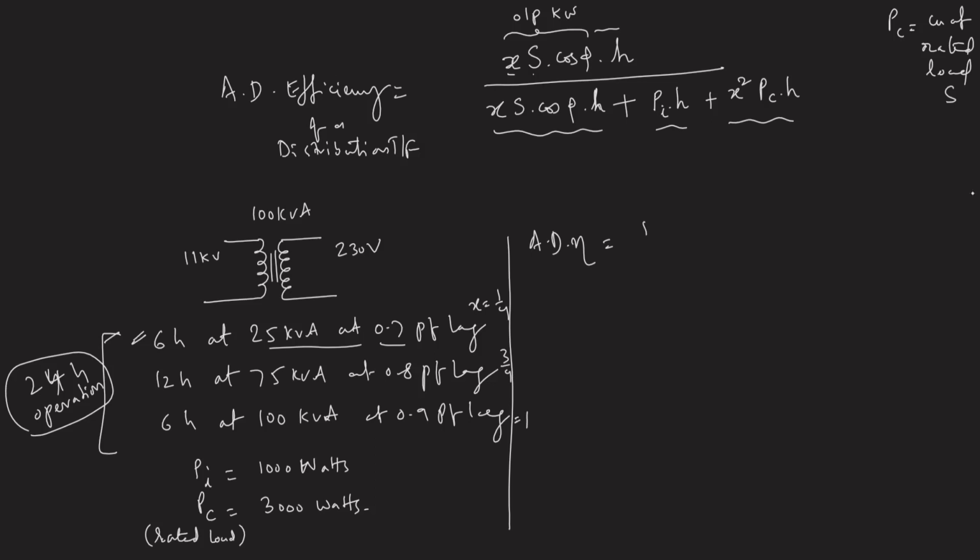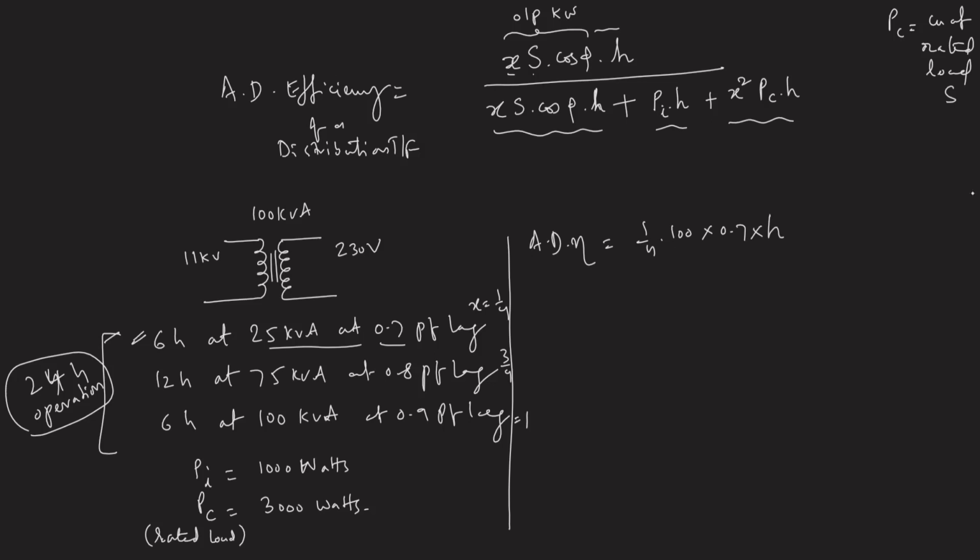So 1/4 times 100, let me put in kVA itself, multiplied by 0.7 power factor gives so and so kilowatts, multiplied by how many hours? This is 6 hours.